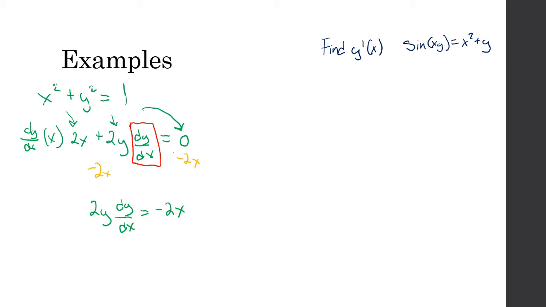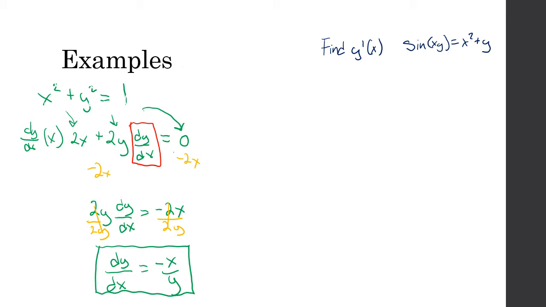The next step is we divide each side by 2y, and we're left with dy over dx equals negative x over y. And that is implicit differentiation to find the derivative of y in relation to x for the formula for a circle. And at that point, you can use different points along our unit circle, and put in our x and y values to get the slope at that point.